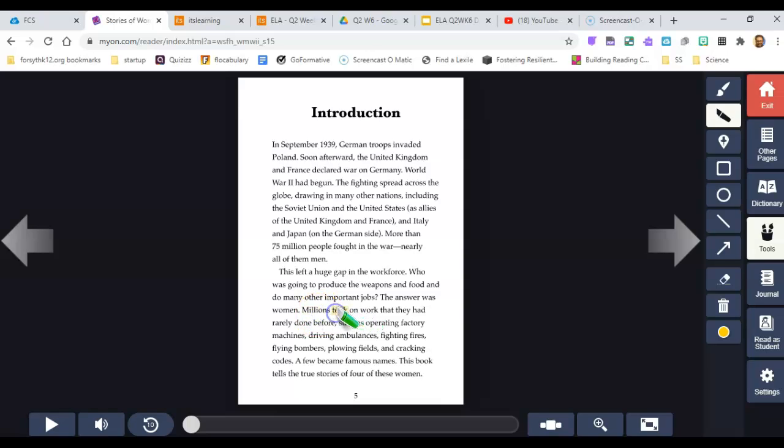Millions of women took on work they had rarely done before, such as operating factory machines, driving ambulances, fighting fires, flying bombers, plowing fields, cracking codes. All of these things here are very specific things that women did for the first time during World War II to help out.